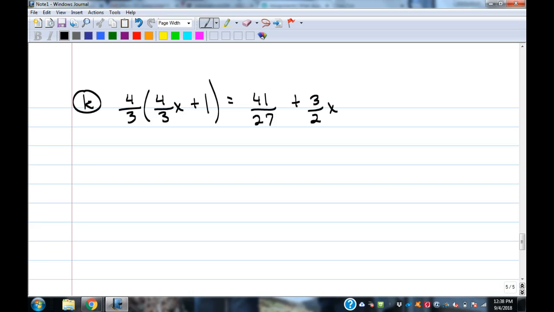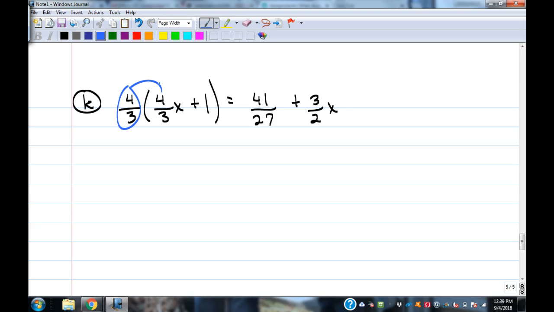It's got variables on both sides, so this may be like the ultimate problem for this particular day. All right, first thing, what am I doing first?